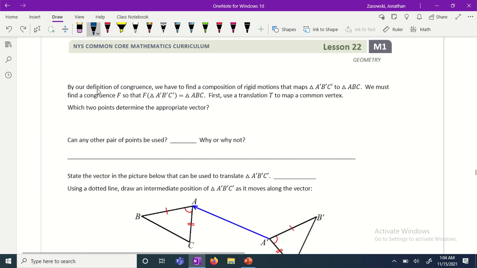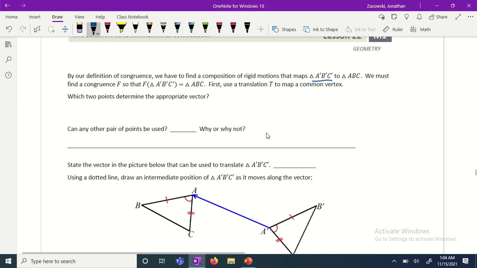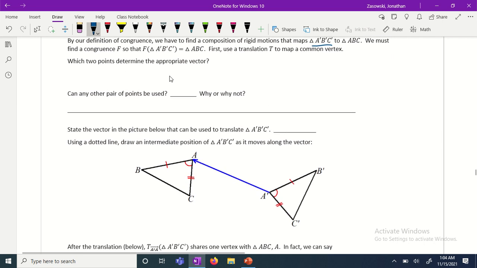So on the next page, we can define our congruence by finding the composition of rigid motions that maps one triangle onto the other. In this case, we're specifically going to map A prime, B prime, C prime onto ABC. So which two points determine the appropriate vector? Any two corresponding points can be used.